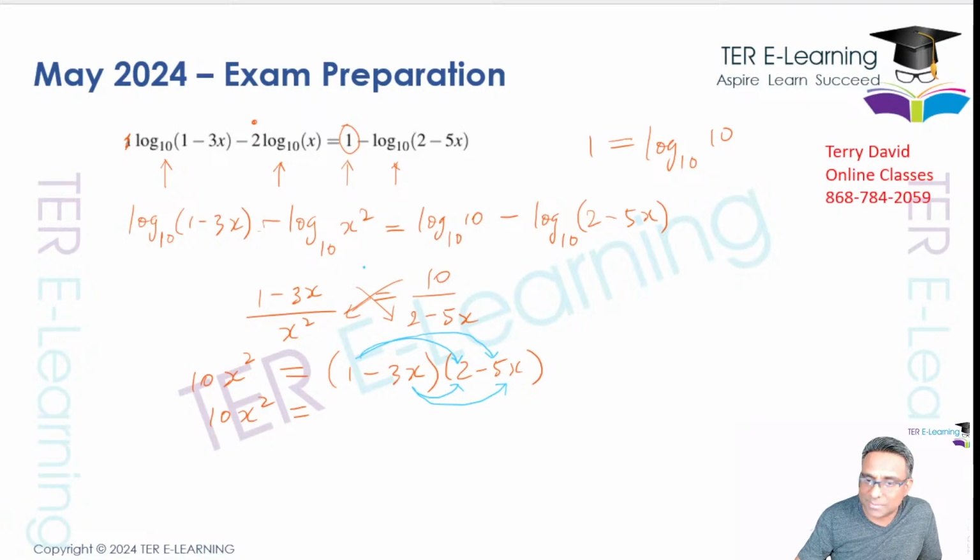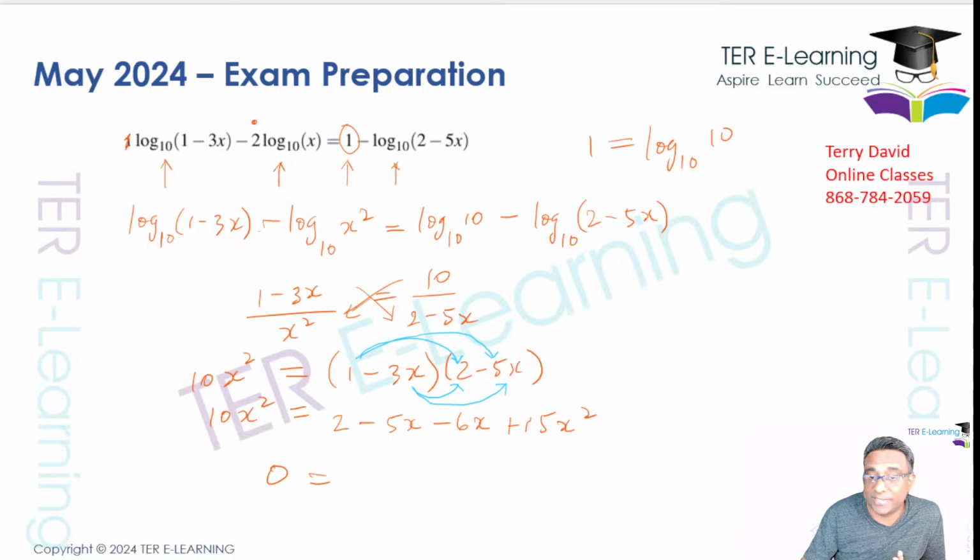So 1 by 2 is 2. 1 by minus 5x is minus 5x. Then minus 3x by 2 is minus 6x. And minus 3x by minus 5x is plus 15x squared.